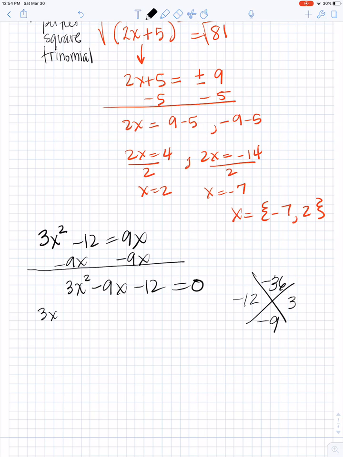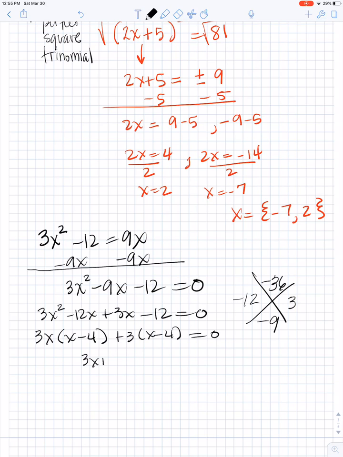So we can split our middle term and have 3x squared minus 12x plus 3x minus 12 equals 0. That means that we can factor by grouping. We get 3x minus 12 grouped as 3x times x minus 4, and if we pull out the 3 on this side, we get x minus 4, and this whole thing is equal to 0.